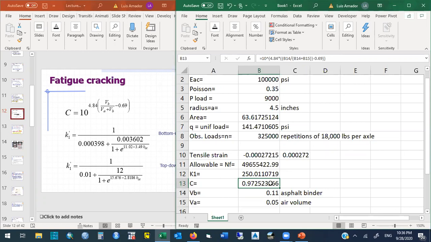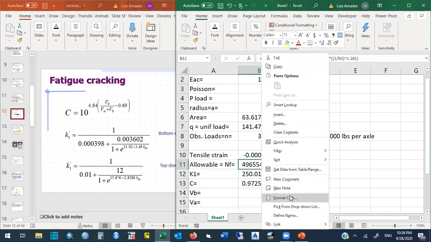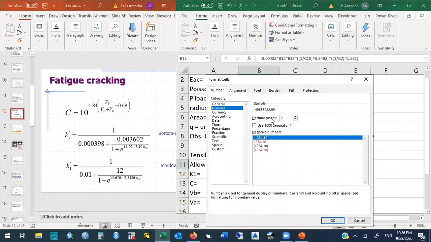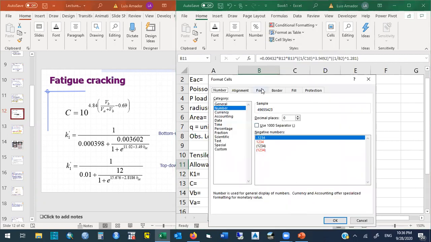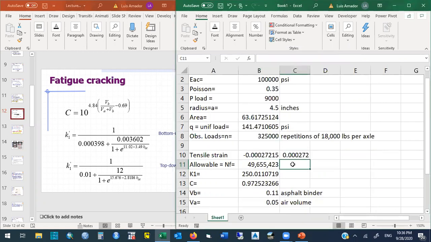Now it looks a little bit more reasonable. I'm gonna remove the decimals for this, and maybe we put the comma for thousands, so it's easier to interpret. So I have 49 million repetitions allowable for this.